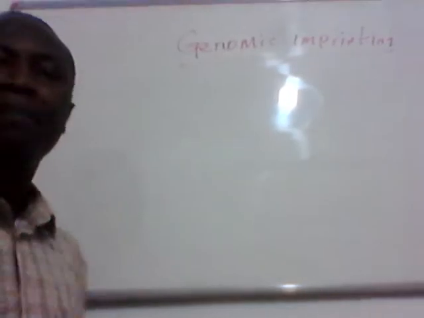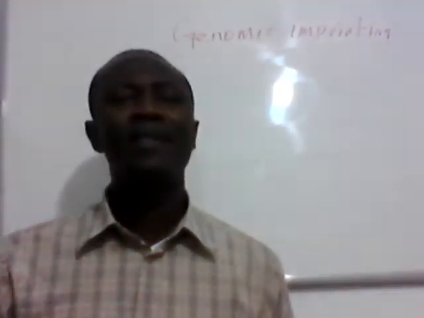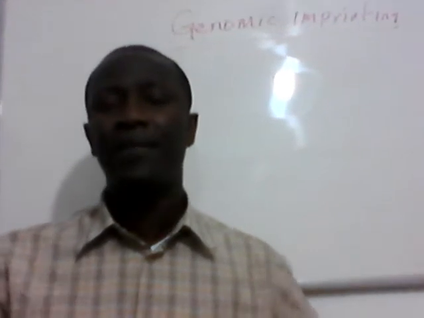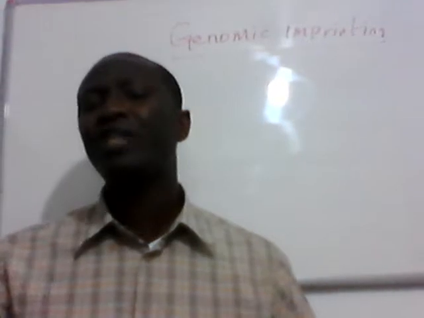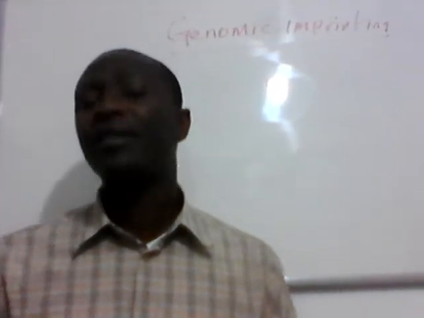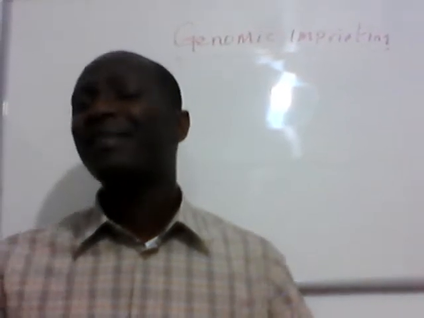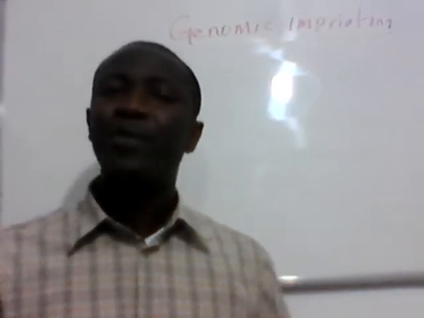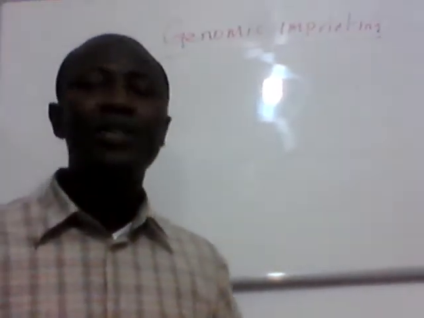Now, genomic imprinting is a very common phenomenon that we believe is happening in our systems for one reason or the other, probably as a measure to prevent some syndromes, certain infections or diseases. So that's why genomic imprinting is a very important thing that we need to understand.